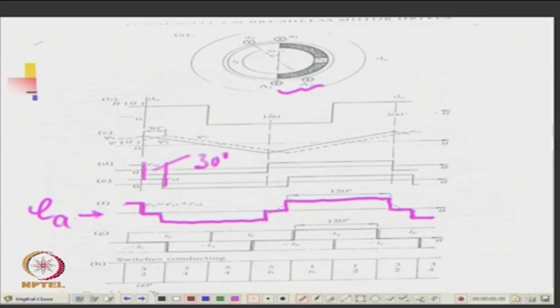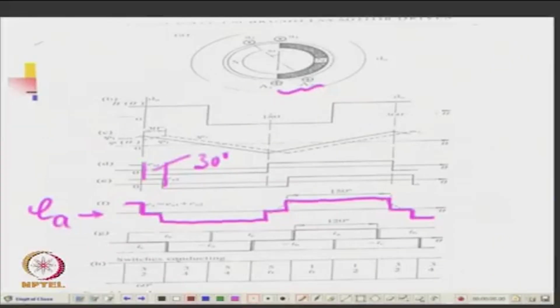right, and it is since B wave is a square wave, flux linkage wave is a triangular wave, and the derivative of a triangular wave is also a rectangular wave. So, the voltage induced will have a rectangular wave, and the currents are now fed. If this is EA, you want to feed the current IA for the A winding in this pattern.